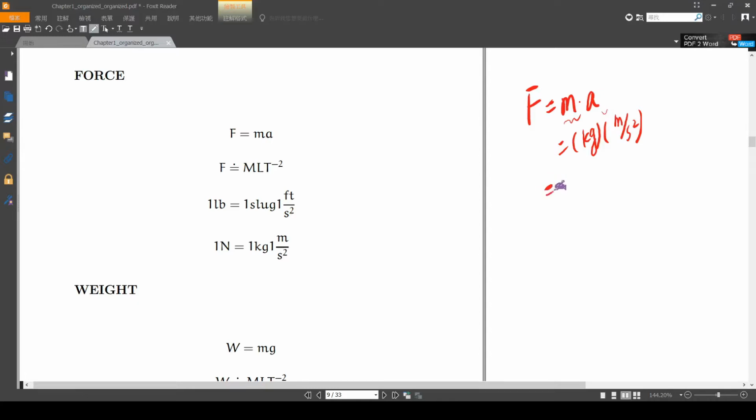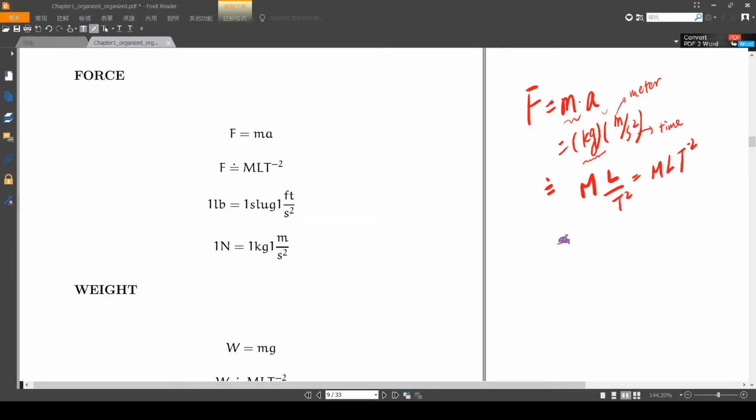And if you want to analyze the dimension, the dimension of the mass is equal to M, right? And this is meter, so the dimension of the meter is equal to L, divided by the second, which is the time, T squared. Therefore, it is equal to M L T minus 2. Okay, this is a dimension analysis.